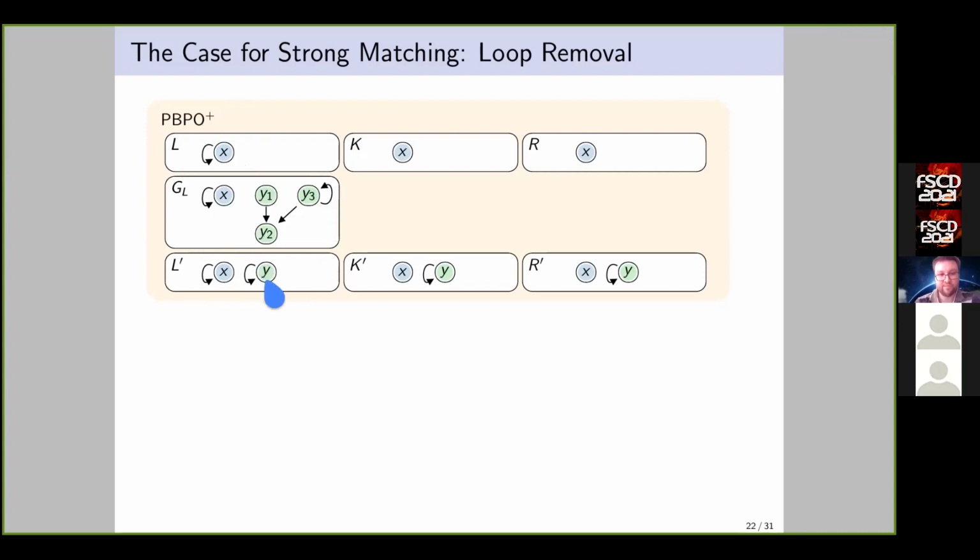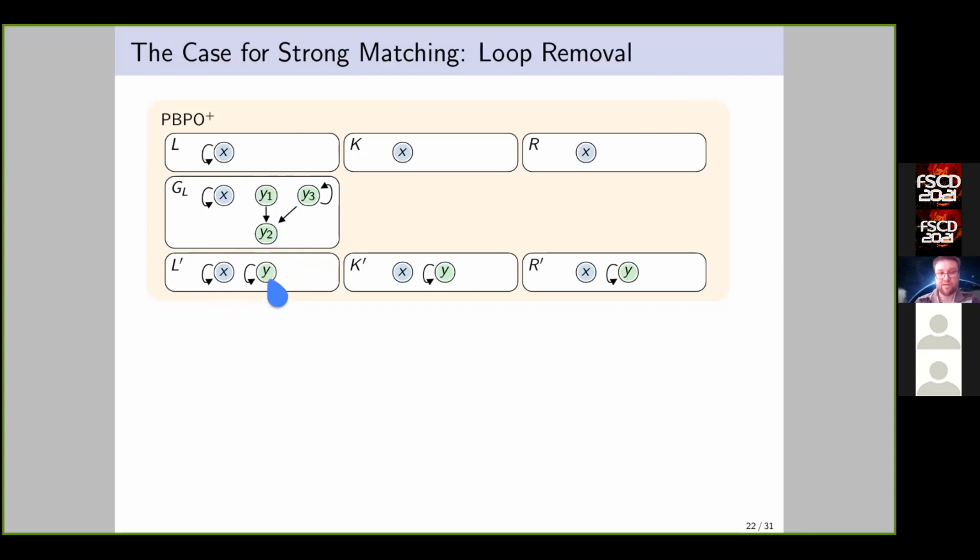So anything else we can map on Y, as long as the context is not connected to this pattern node X. So if we would have edges here, then it would not be of the shape required by L prime, because we don't have edges between X and Y here. If we would want to allow X to be connected to context, we would need to add additional edges here in L prime. Okay. So L prime enforces that this is really an isolated node and all the context is mapped on here.